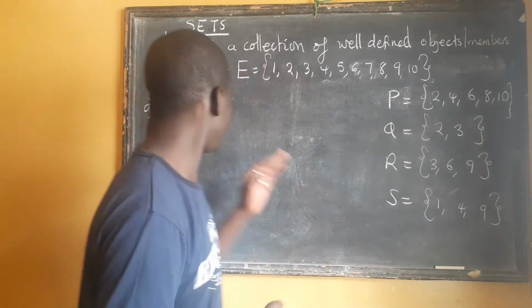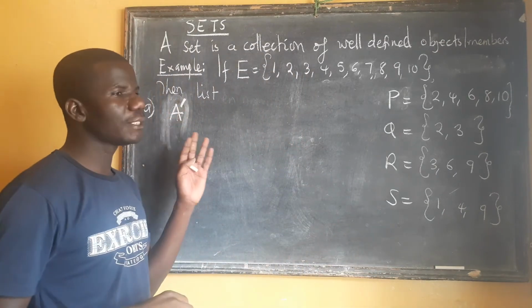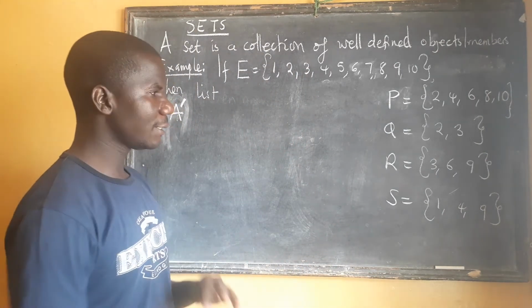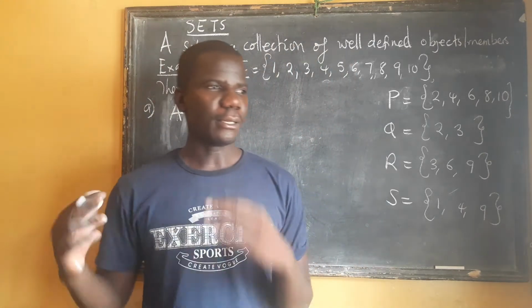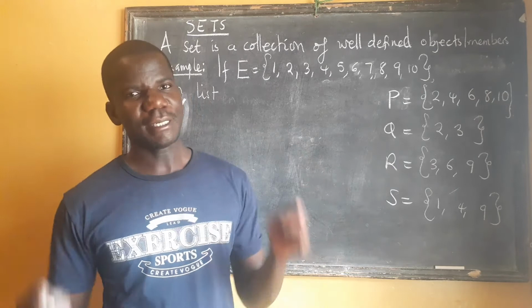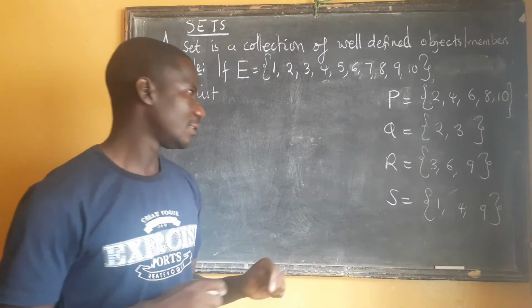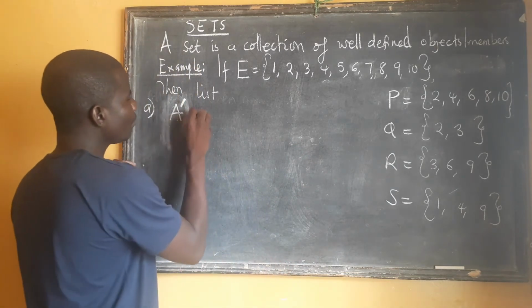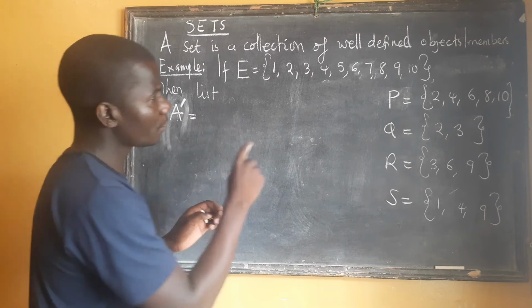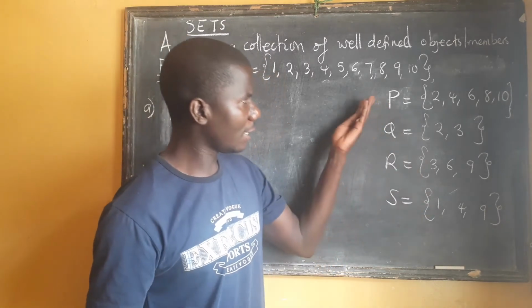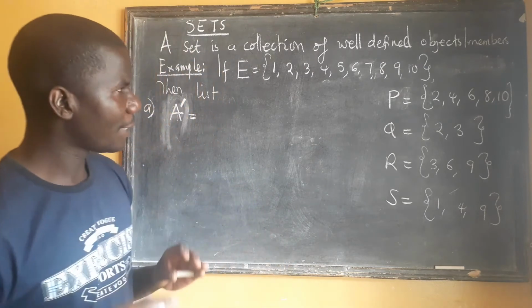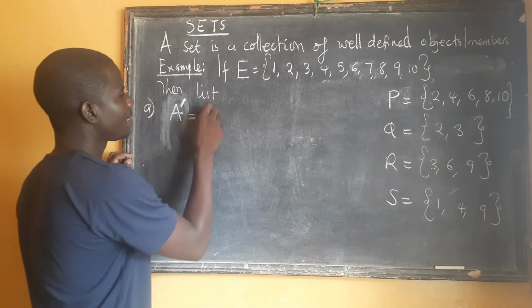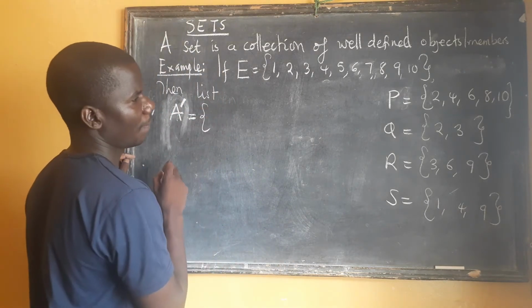A complement, we're talking about what is not in A. Those members that are not in set A, that is A complement. Please pay particular attention. Sets is quite involved. It involves a lot of elements, so it's even possible that I can leave out one here. We need really to pay particular attention. Elements that are not in A.